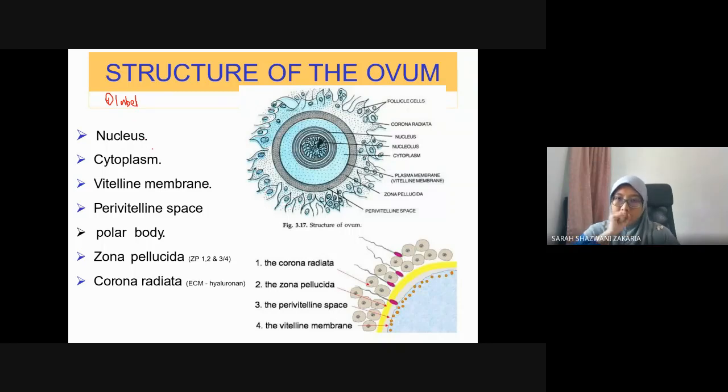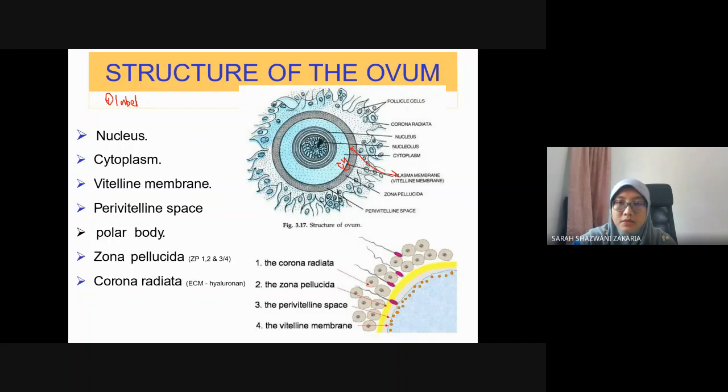The nucleus is almost the most inner part, and the cytoplasm is also inside the ovum. Then there is the plasma membrane as the outer layer. So this is cytoplasm, this is plasma membrane.